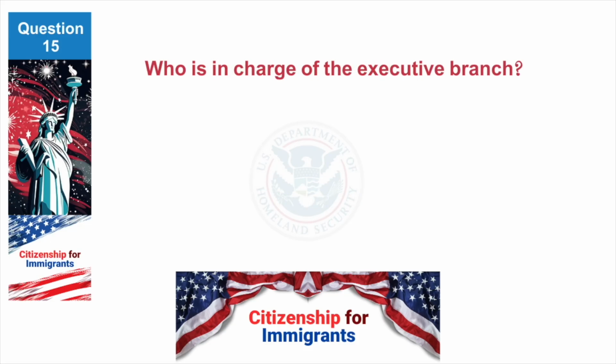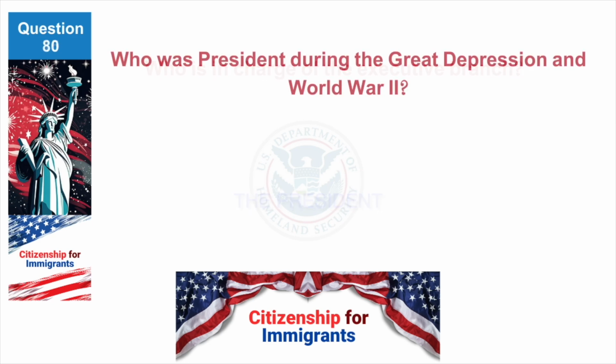Who is in charge of the executive branch? The President. Who was president during the Great Depression and World War II? Franklin Roosevelt.